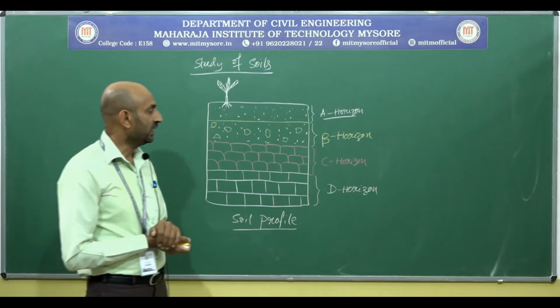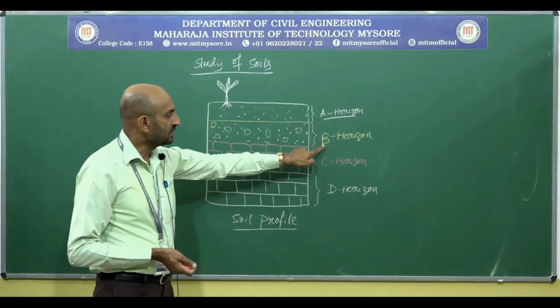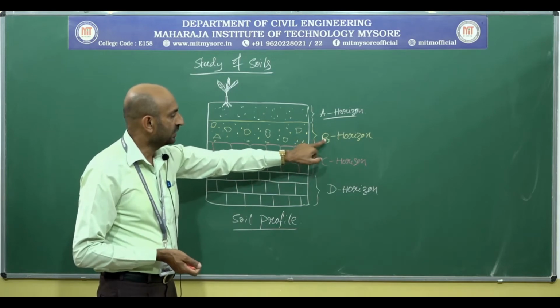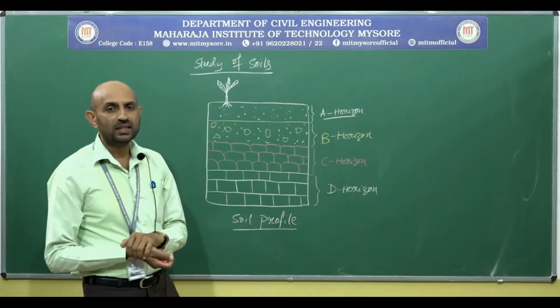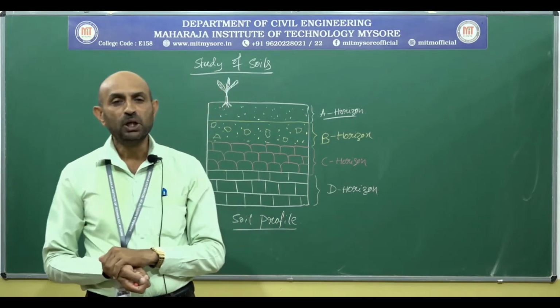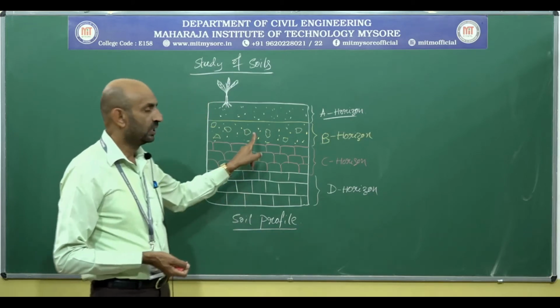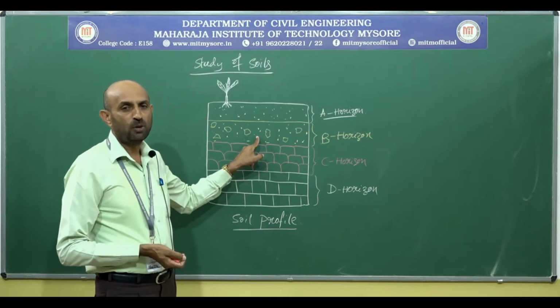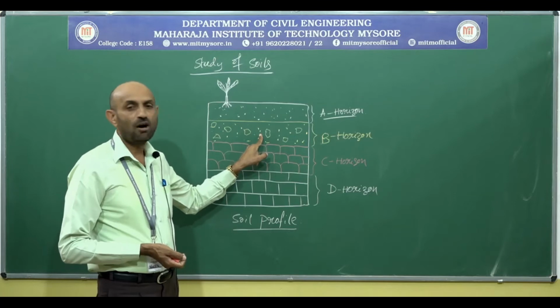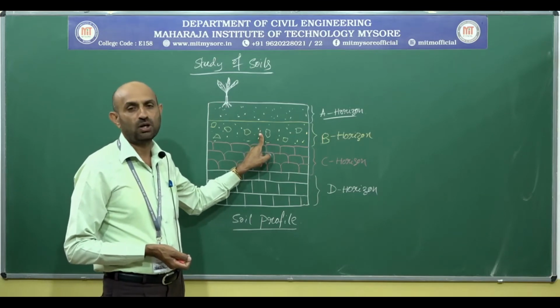The second one is B horizon. This horizon lies immediately below the A horizon. It is a zone of mixed composition, partly of soil and partly of weathered rocks.